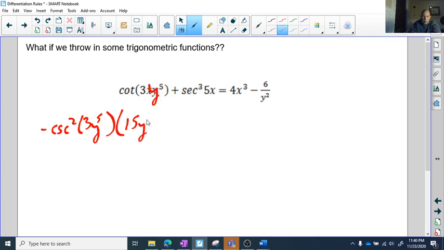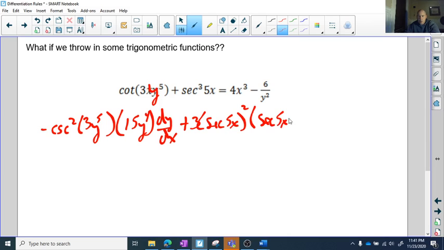15y to the 4th. Differentiate your y, dy dx, plus chain rule 3 secant 5x to the 2. Differentiate in the brackets, it is secant u tangent u times du, equals derivative of 4x cubed is 12x squared.